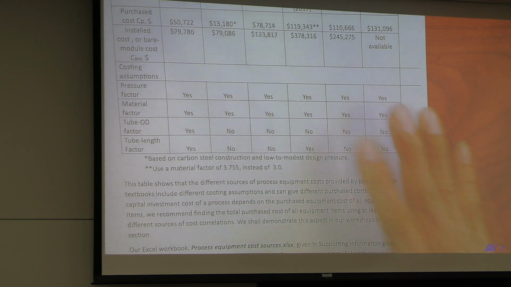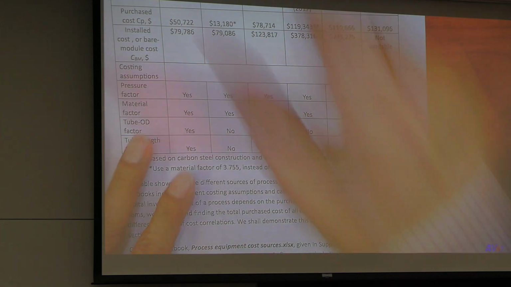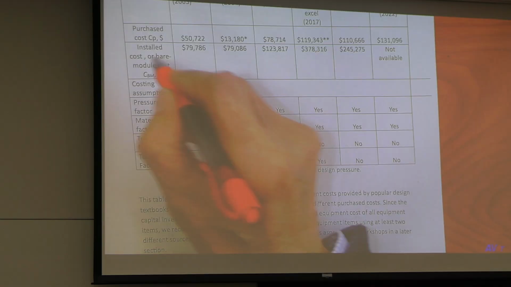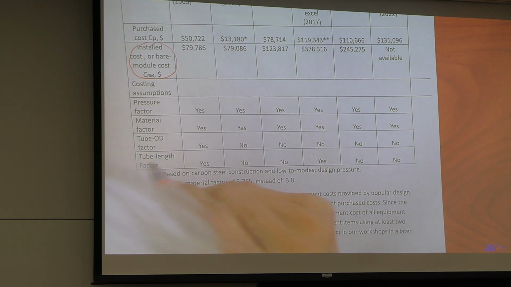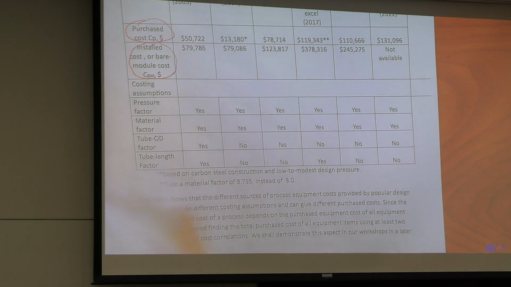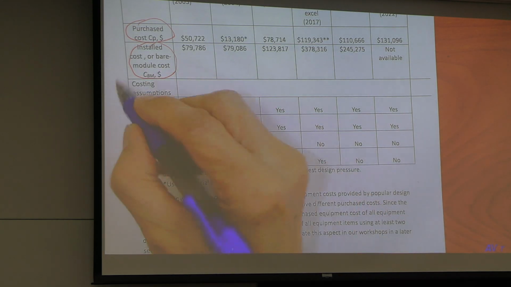Page 20. This will educate us on which one to use, what to trust. Table 7.7. Install cost. Purchase cost. Assumption.